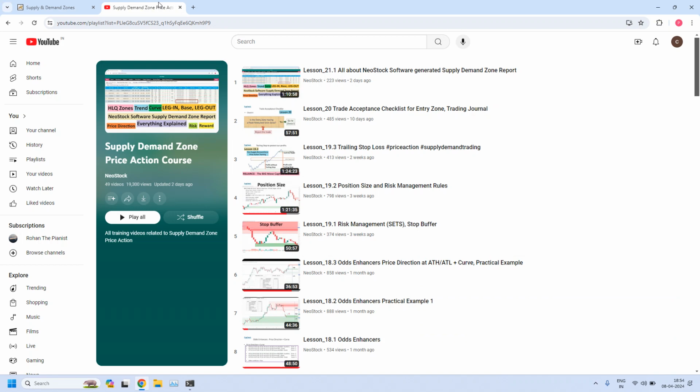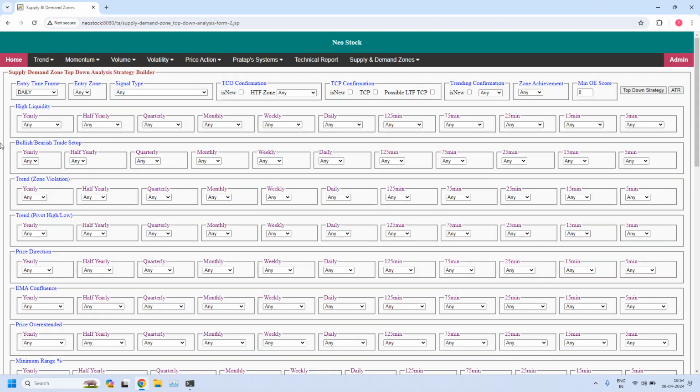Now let's get into the report generation with the help of NeoStock software, supply demand zone top-down analysis strategy builder. Before generating, I would like to give you a few suggestions. Please follow them starting from today. Especially if you are fine-tuning any zones and if you feel there is a good order flow at a 5 minutes level, fine-tuned 5 minute zone level, please keep those stocks in the comment section and also add your views on those particular stocks so that other members also will go through those lists.